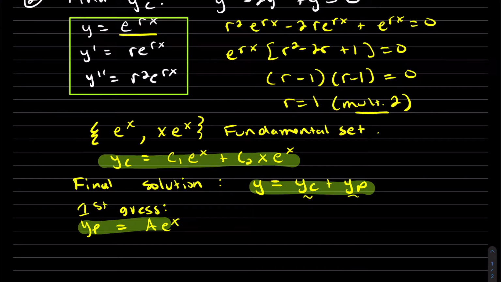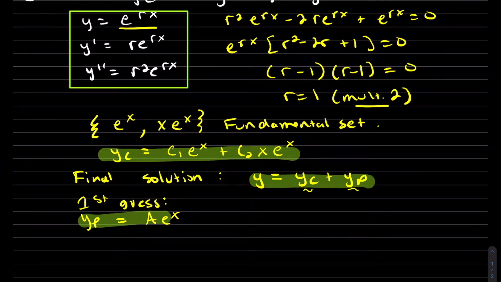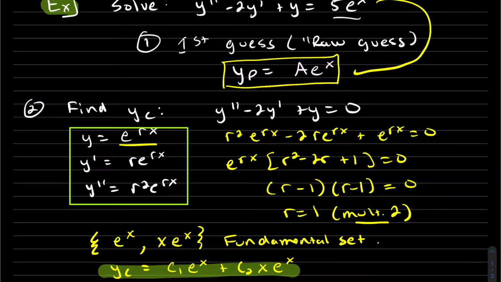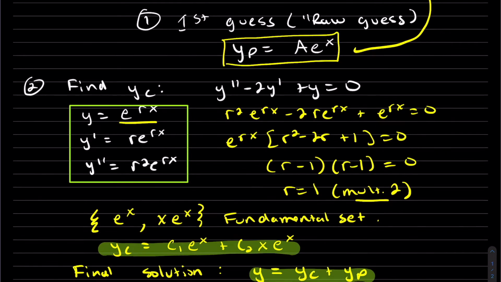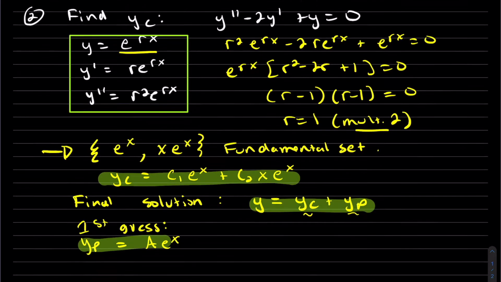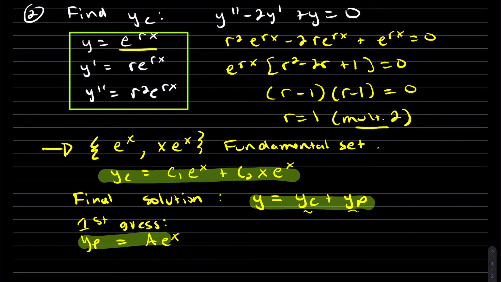So that's why I call this our raw guess. The first one, when you just look at it, that's our raw guess. And then we solve for the homogeneous right here. And then we have to find YP, which is independent of everything in my fundamental set for YC.